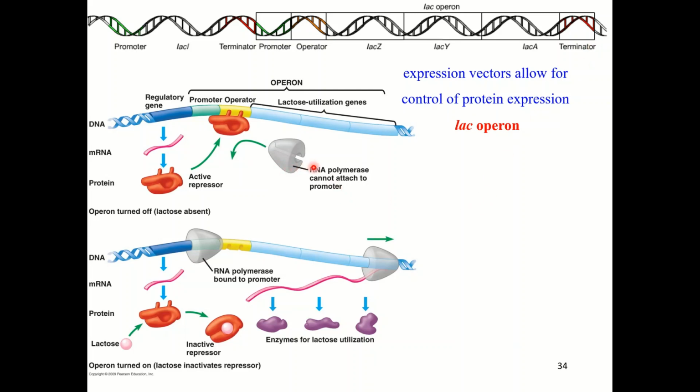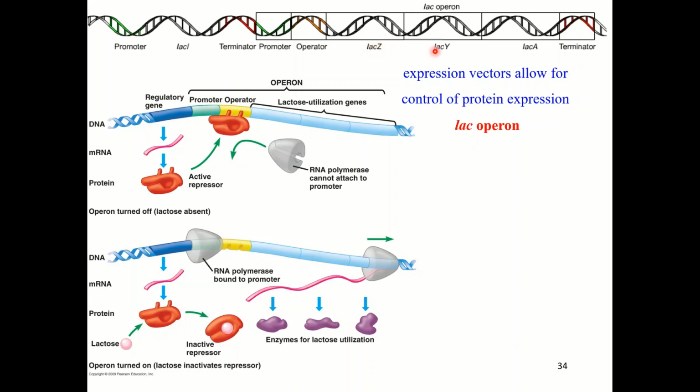What's happening? Basically, you're creating a repressor protein with your genes. That repressor protein binds to the operator sequence, and when it is bound to the operator, the RNA polymerase can't get to the promoter, can't bind it, and can't start expressing these genes.